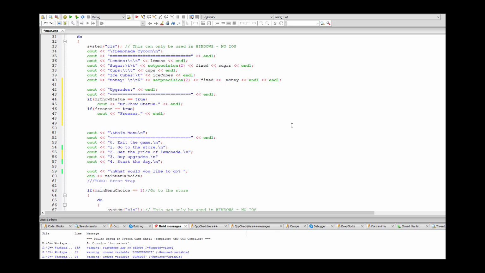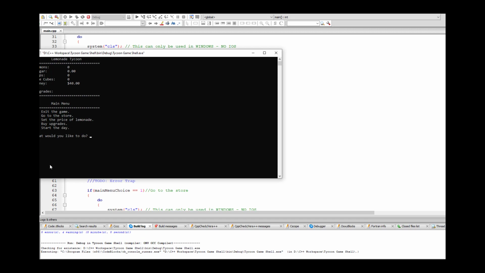All right, and at the end, we'll just put another cout end line just to space things out. Let's see if that looks okay.